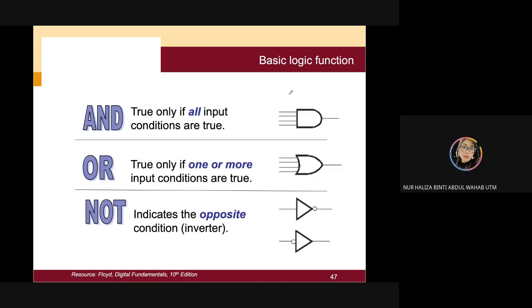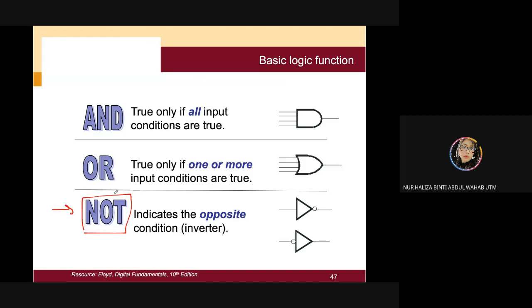Okay. From this symbol, your input will be on your left and your output will be on your right. So this is the output and this is the input. And one more thing, as it is a basic gate, over here, first, as I mentioned, I want to focus on the NOT gate.